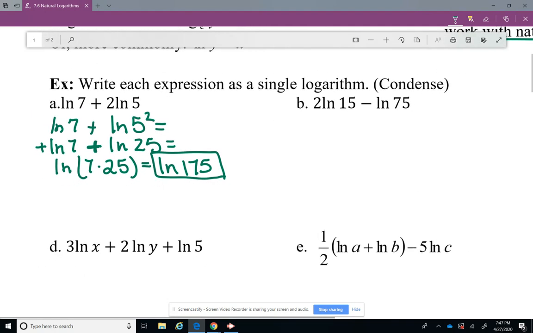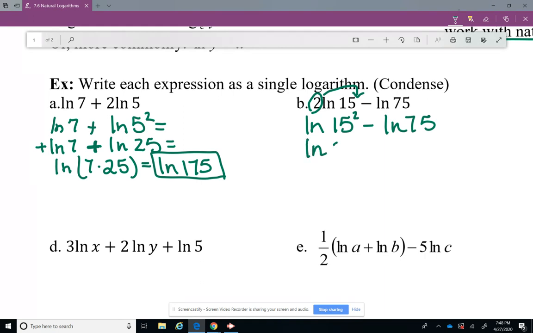All right, let's look at this next one. We see we're going to have to take this 2 and bring it up here, and it becomes the exponent. So the natural log of 15 squared minus the natural log of 75. Now you know that 15 squared is 225. I'm just going to copy that again. Now remember, there's a plus sign here, but there's a minus sign right here.